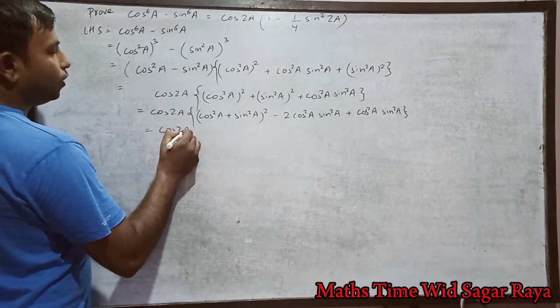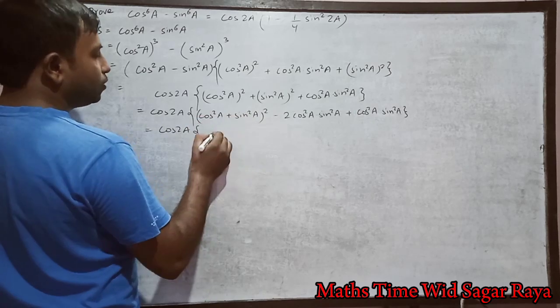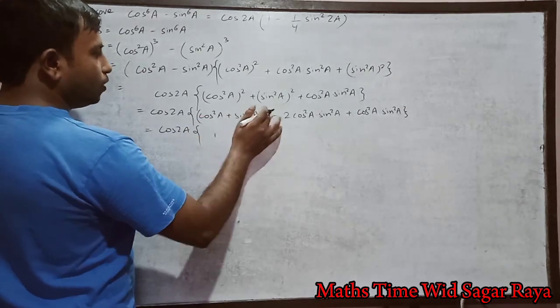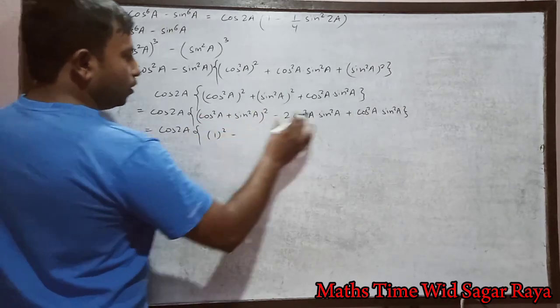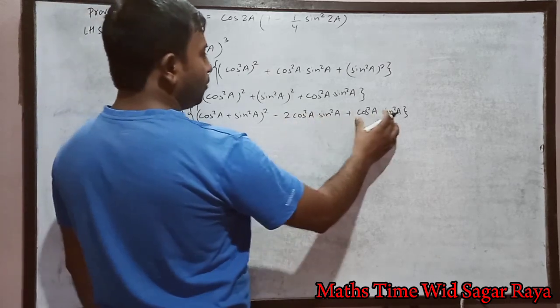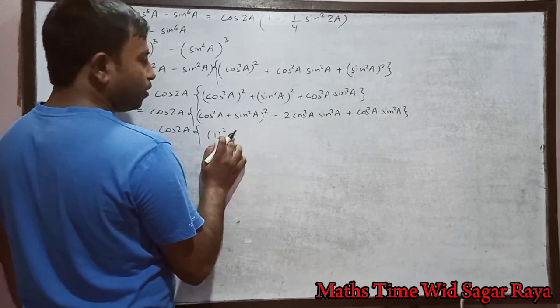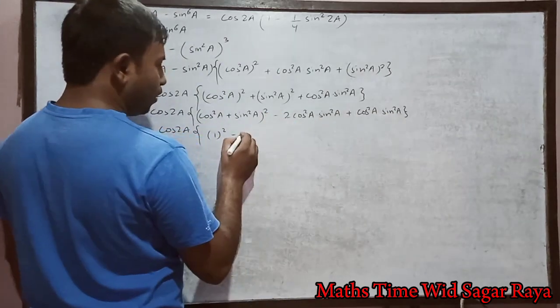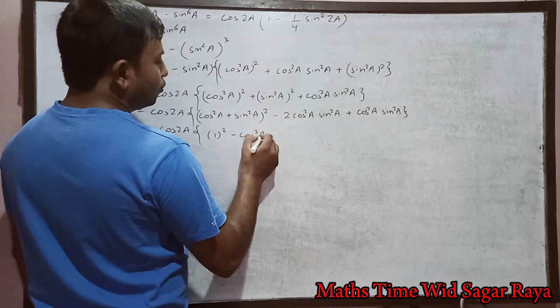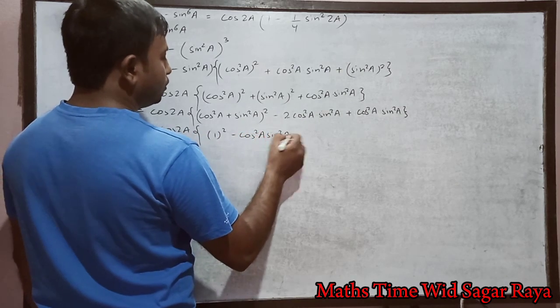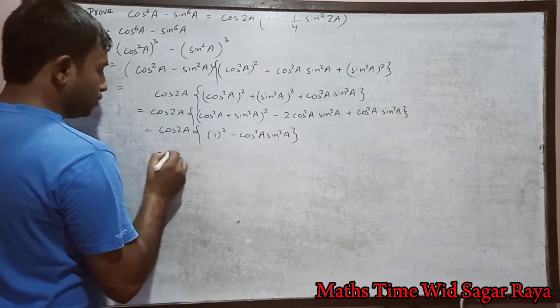Now cos²A + sin²A is equal to 1, so 1 squared. Then −2cos²A sin²A + cos²A sin²A gives minus, since the minus is bigger. 2 minus 1 is 1, so it means cos²A·sin²A.